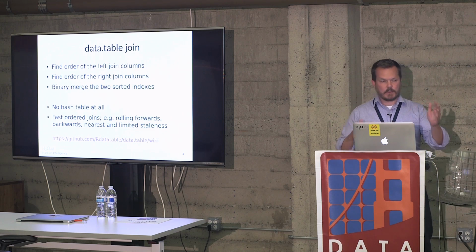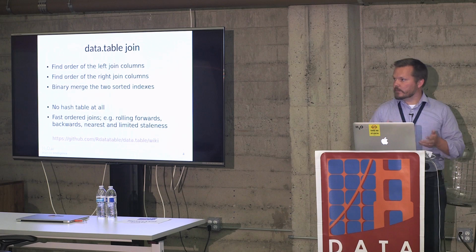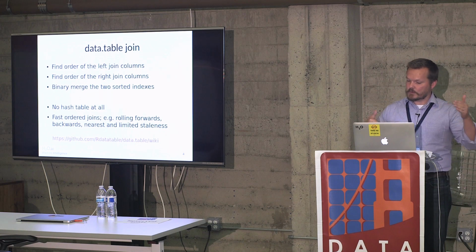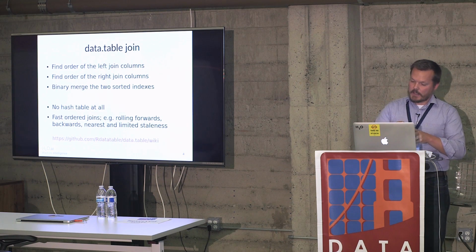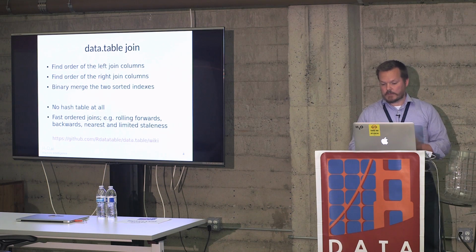A SQL join would join to an NA because there's a missing observation, but because you've got an ordered index, the prevailing observation before that missing value is easy to return.